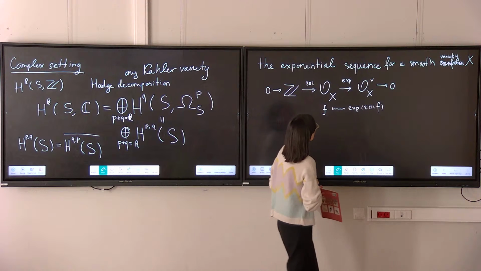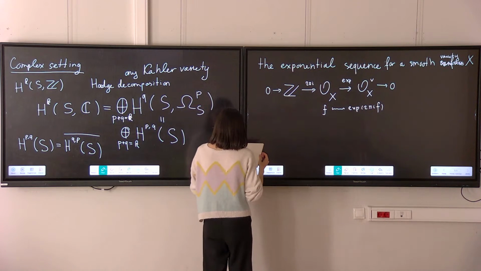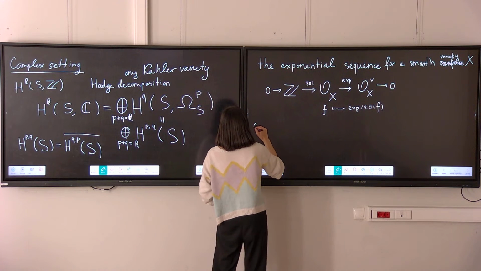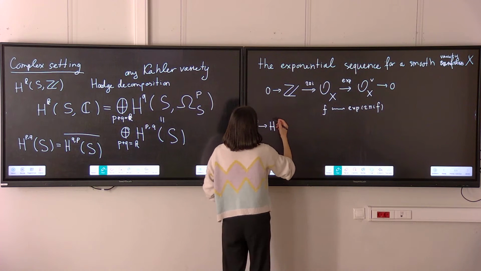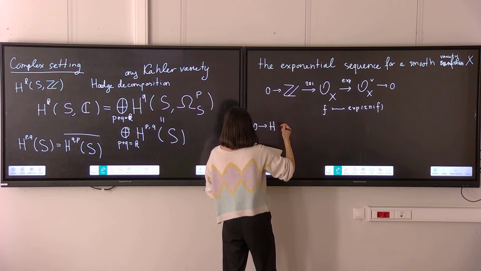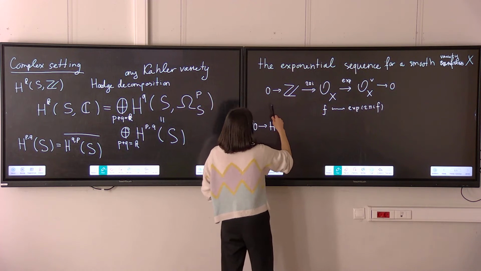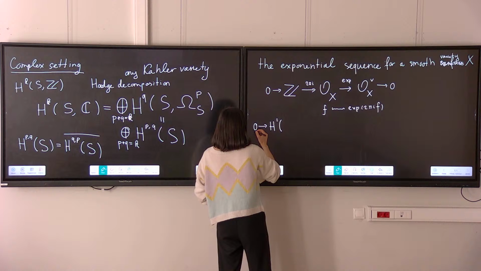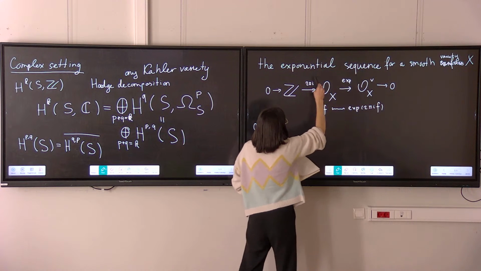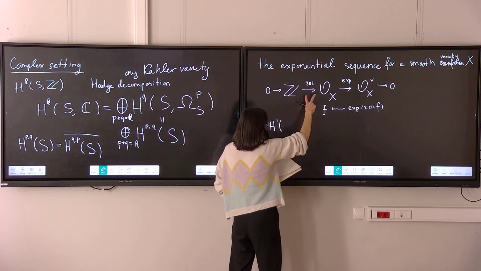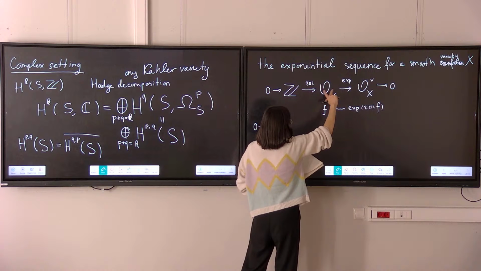And for a smooth variety, this will give you a long exact sequence of cohomologies. Of course, here we have 0 just because for connected varieties, the 0 cohomologies will give you an exact sequence.